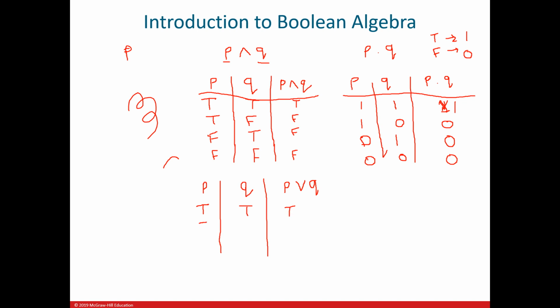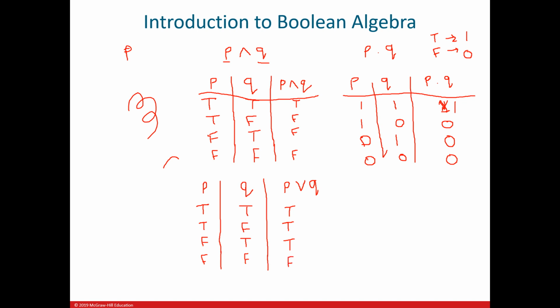If we have P true and Q false, then P or Q is true. If we have P as false and Q as true, still we have it as true. And when we have both false, then the value of P or Q is false.